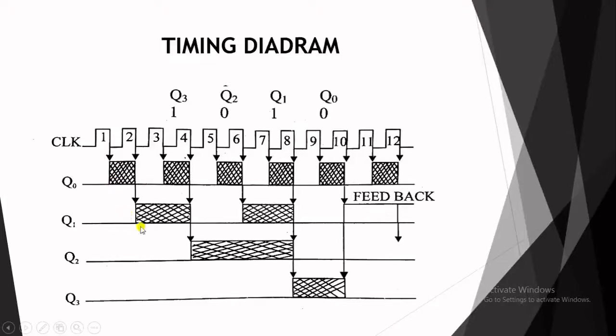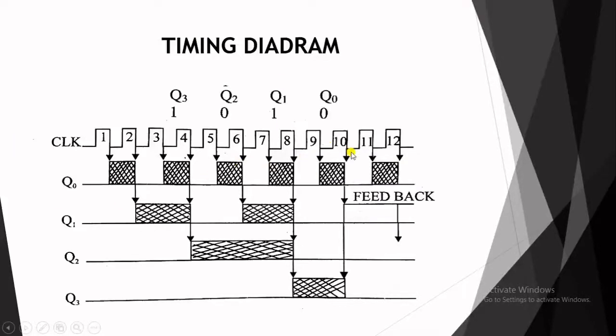So we know this timing diagram. In the decade counter, it works normally as a 4-bit binary counter for pulses 1 to 9. Understood?